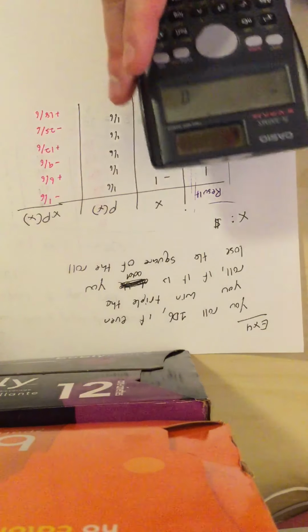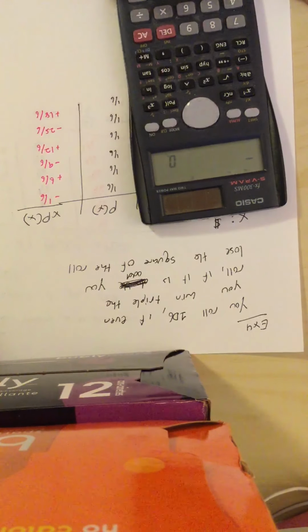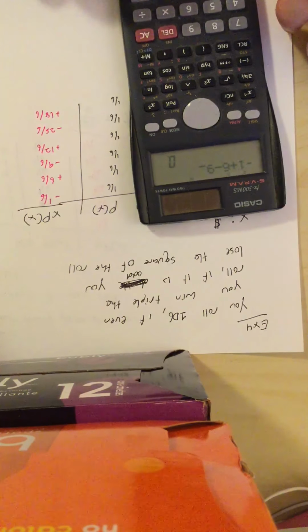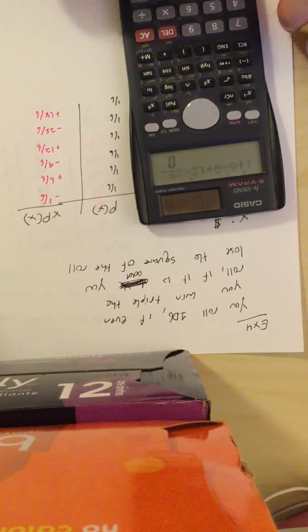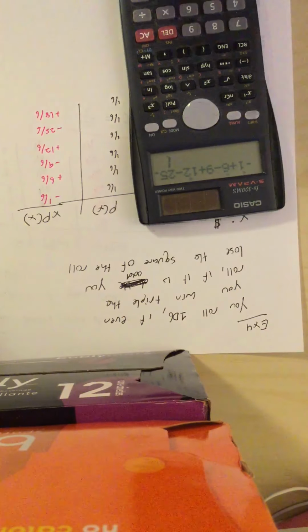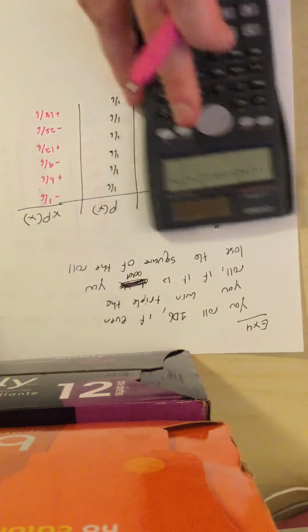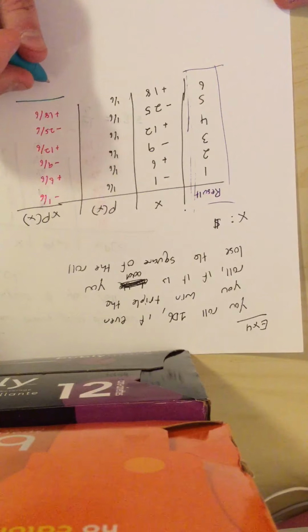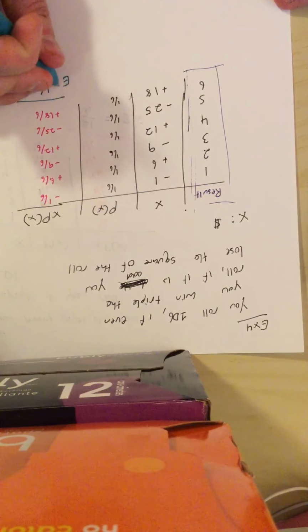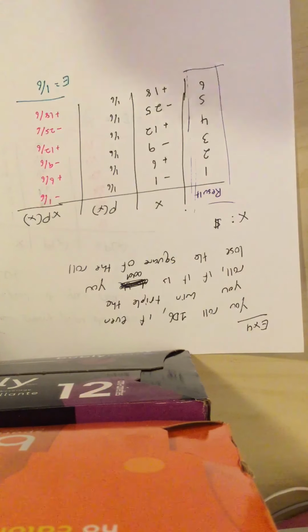I'm definitely going to use a calculator for that one. Minus 1, plus 6, minus 9, plus 12, minus 25, plus 18 is 1 over 6. So the expectation here is positive 1 over 6.